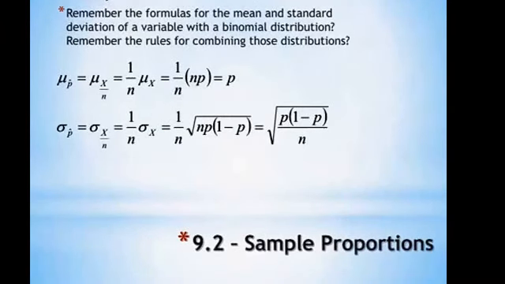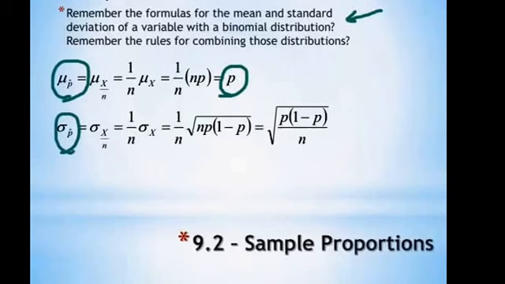So remember the formulas for mean and standard deviation of a variable with a binomial distribution? Well, we can derive them and we come up with these rules for combining these distributions. If I'm looking for the mean of p hat, it's actually just p. And the standard deviation of p hat is the square root of p times 1 minus p over n.